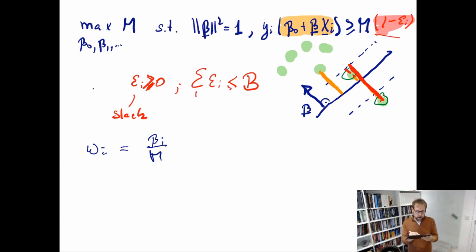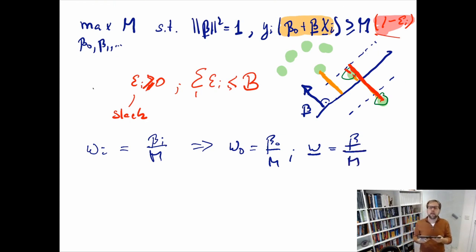So I would also have omega_0 being just beta_0 over m, and the omega vector being the beta vector divided by m. Because the beta vector is normalized, it would be of length 1, but now the omega vector would be of length 1 over m.